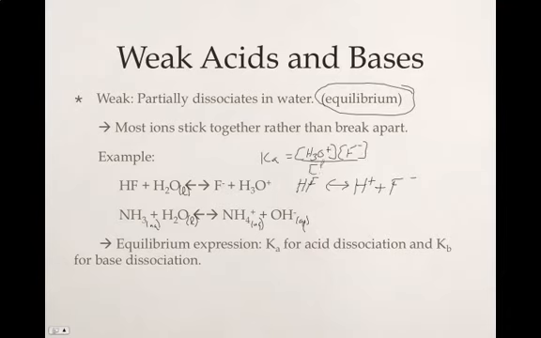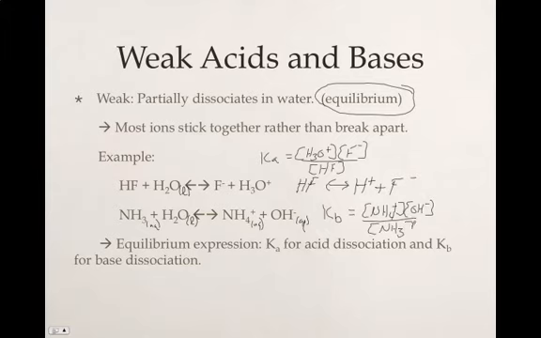And for the base, we would have a Kb, because that's a base, is equal to NH4 plus times OH minus over NH3. And again, we leave water out because it is a pure liquid.